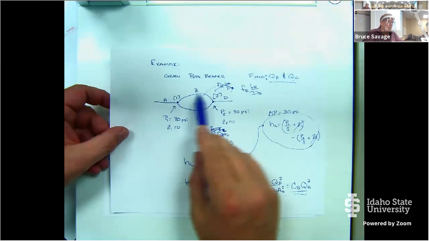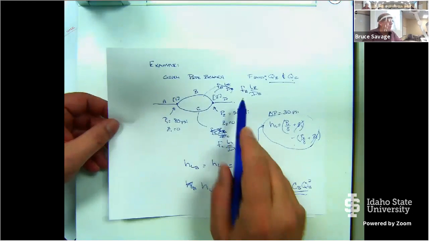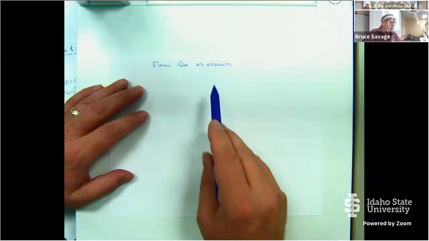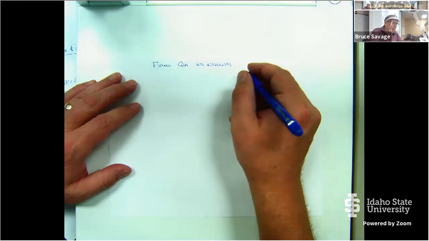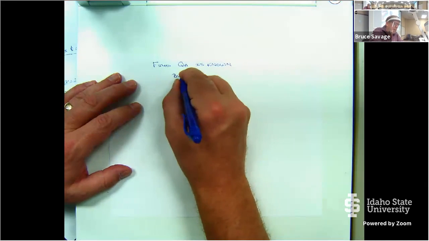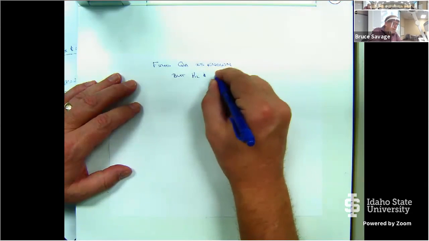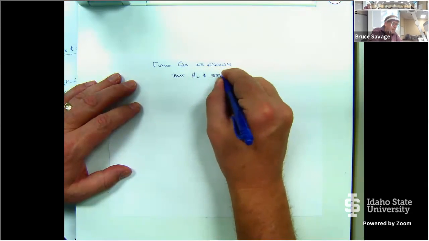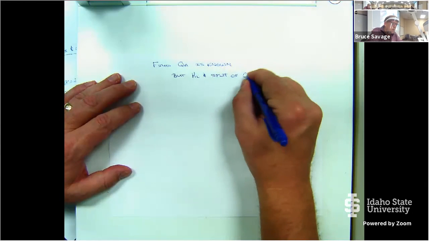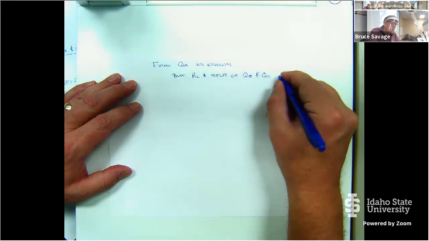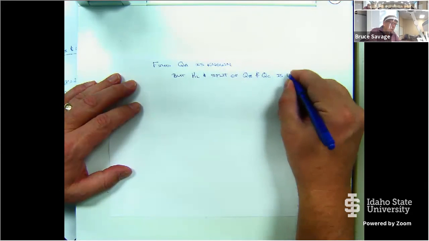It comes in here, goes around, and the flow in D is known too. But I don't know the flow split across those two. So Q sub A is known, but the head loss and split of Q sub B and Q sub C is unknown.